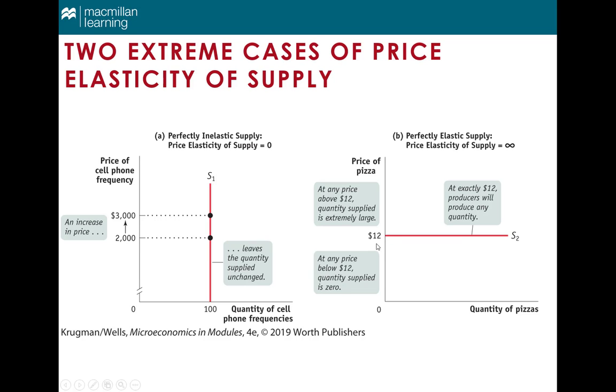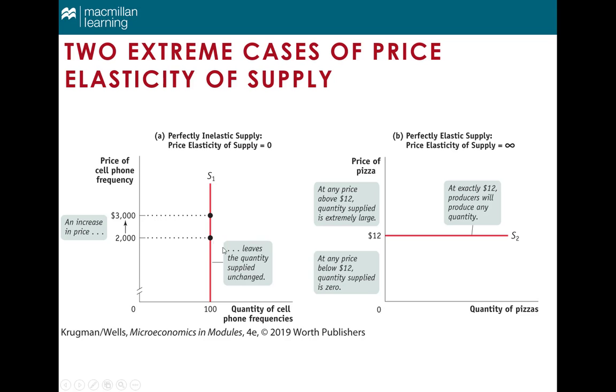Other than this $12 per pizza price, the quantity supplied can be either. So if the price is below or above this price level, the quantity supplied is between 0 and infinite. So there is extremely large responsiveness of the quantity supplied to any small price change. So this is the case where the supply is perfectly elastic. In this case, the price elasticity of supply is infinite.